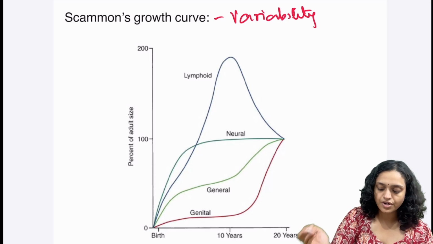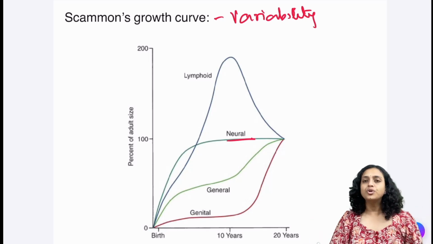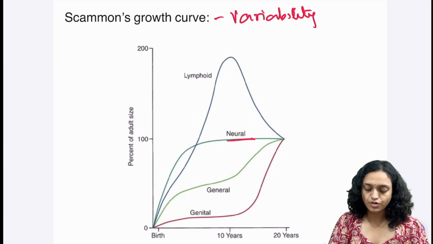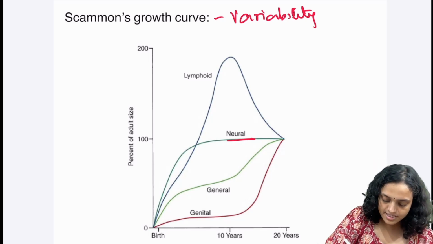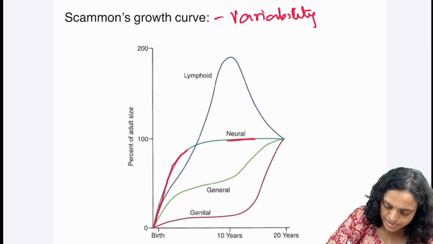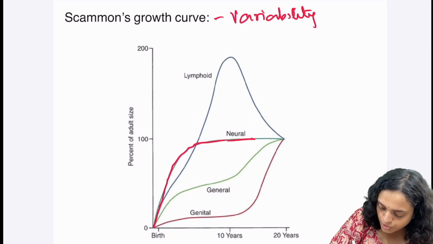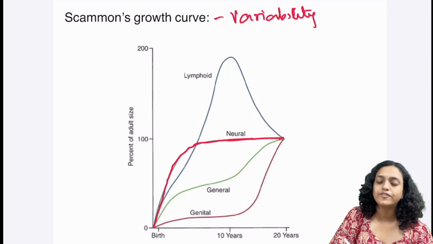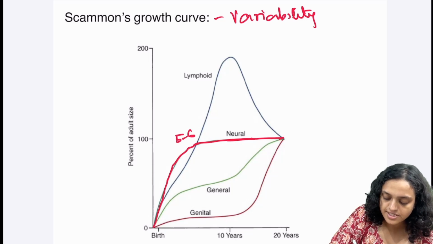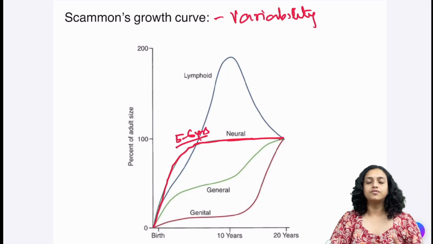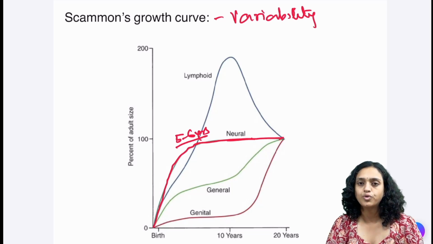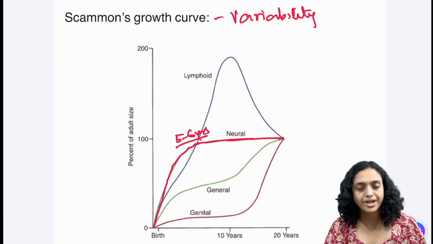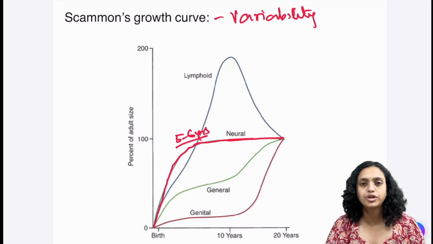Next is your neural curve. The neural curve is a peculiar pattern of growth. We can see in this curve that it grows rapidly and plateaus. The neural development stops around 5 to 6 years of age. The neural curve is followed by your brain, your nerves, everything.